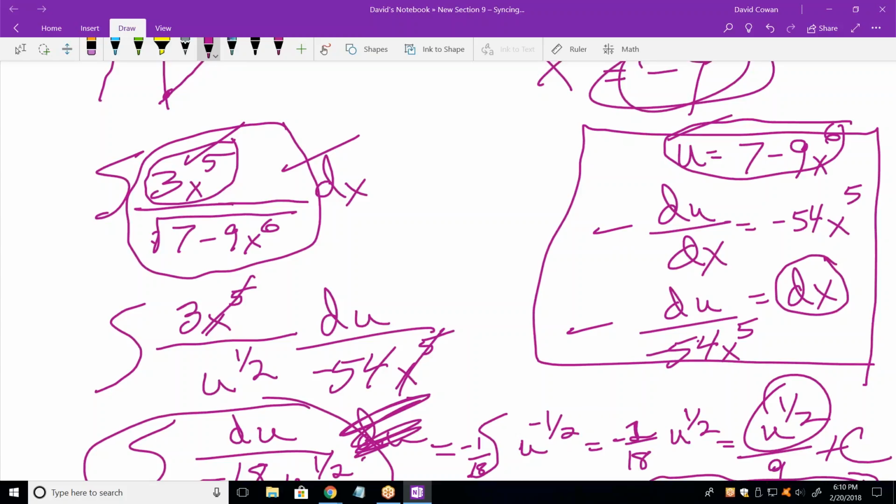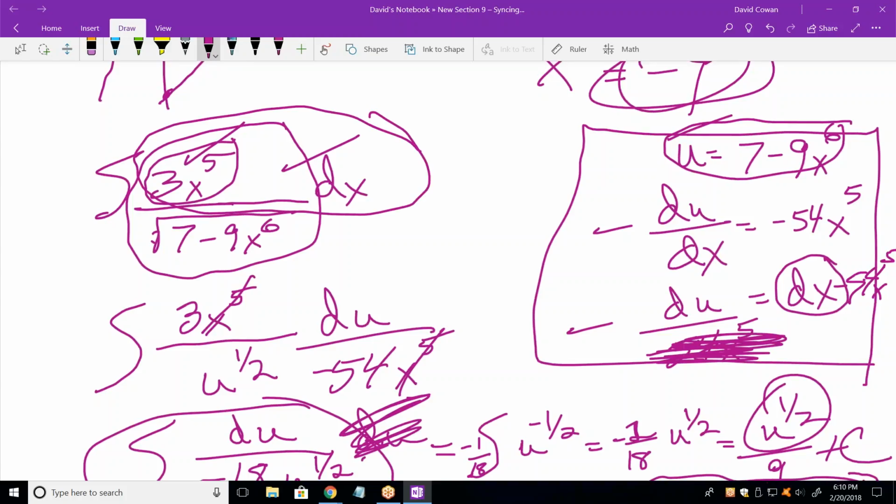Well, what the schools tend to do is they don't divide by that. They leave that up here, minus 54x to the 5th, and then they look for that to substitute du for. And I can do that as long as I take out of there a minus 18.